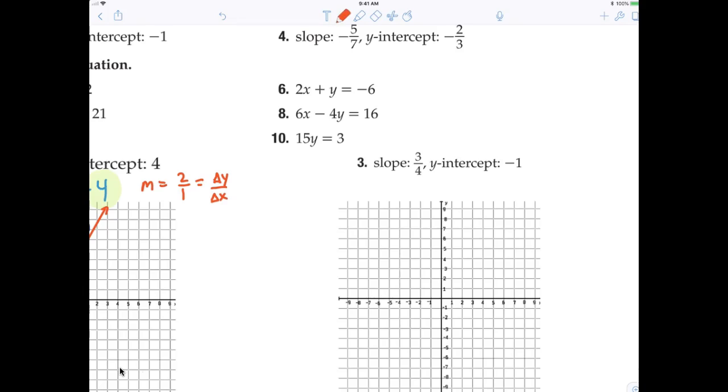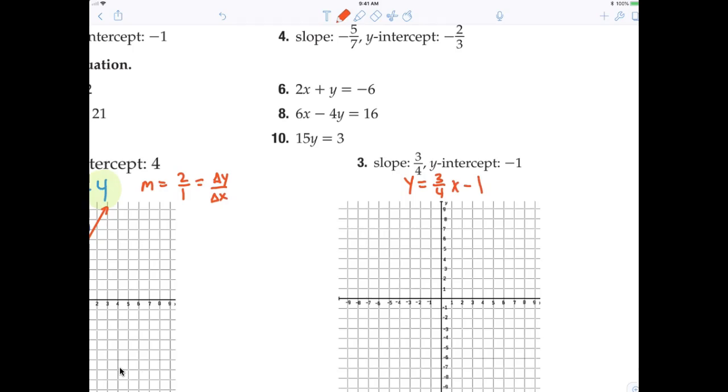Abby, number 3, thank you. What's the equation? Right, but you forgot the y, right? So y is equal to 3/4 x minus 1.